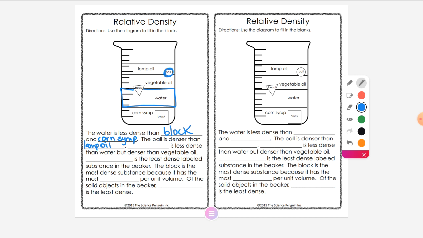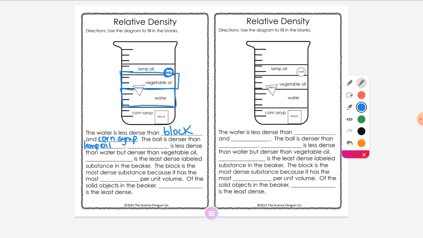Blank is less dense than water, but more dense than vegetable oil. So we have to look, we're focusing on vegetable oil and water. I already have water highlighted. So, less dense than water.